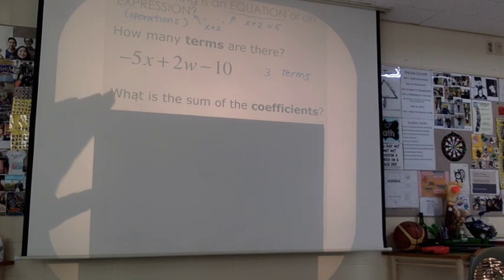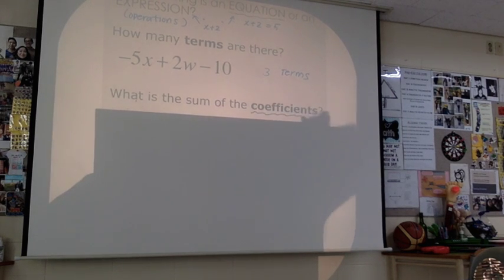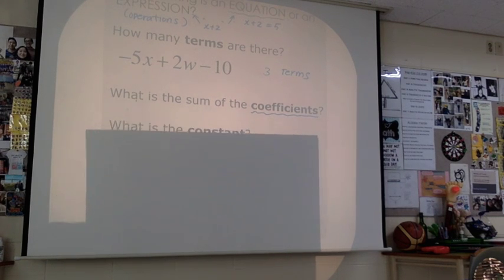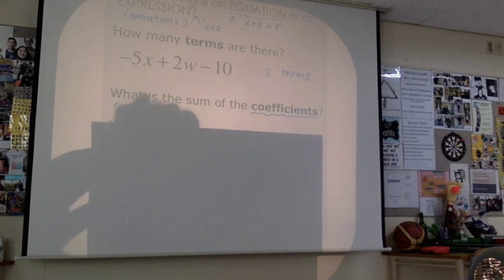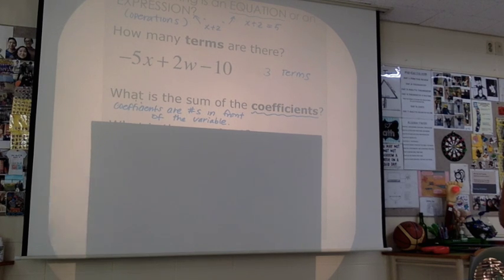But what is the sum of the coefficients? If you know the definition of coefficients, then you should be able to solve this. What's a coefficient? Coefficients are numbers in front of the variable. Again, like I said, you may know a lot of this. That's why this lesson is pretty much a review lesson.